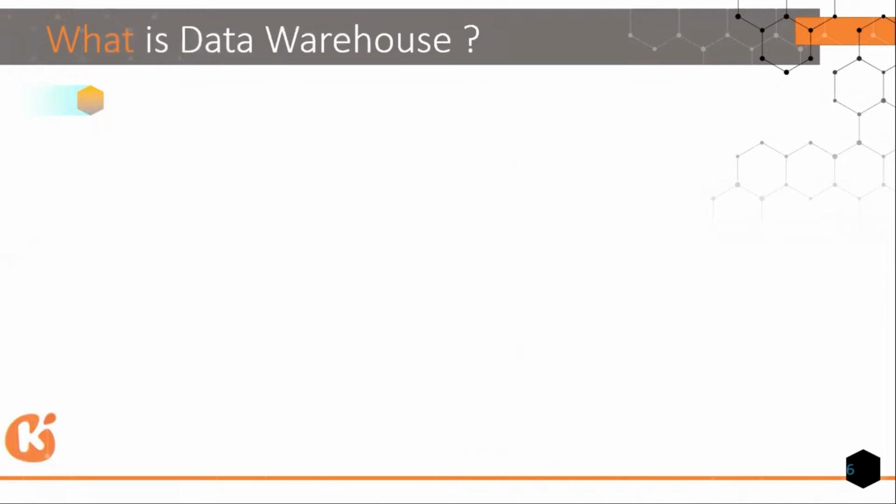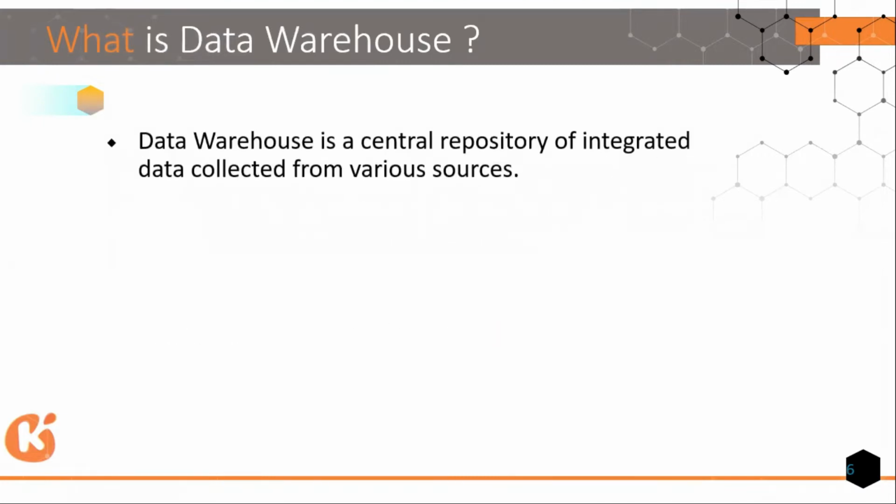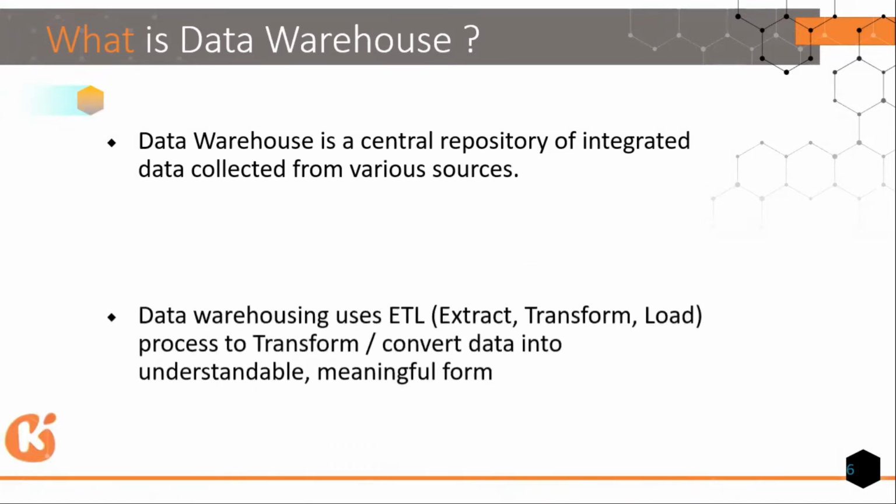And what is a data warehouse? Any idea? Well, it's a collection of data that I think has different kinds of data stuck together. Yeah. It is a central repository of integrated data collected from various sources.